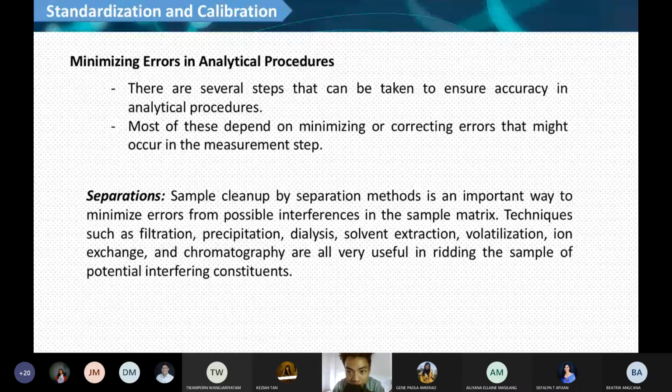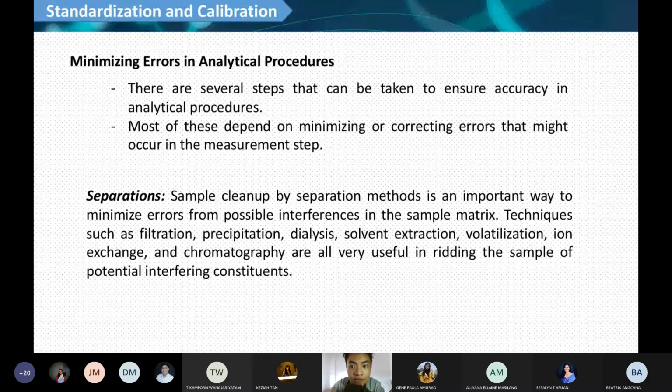Number one is separations. Mechanical separation is a technique in which you separate heavier materials from your solution using filtration or centrifugation.